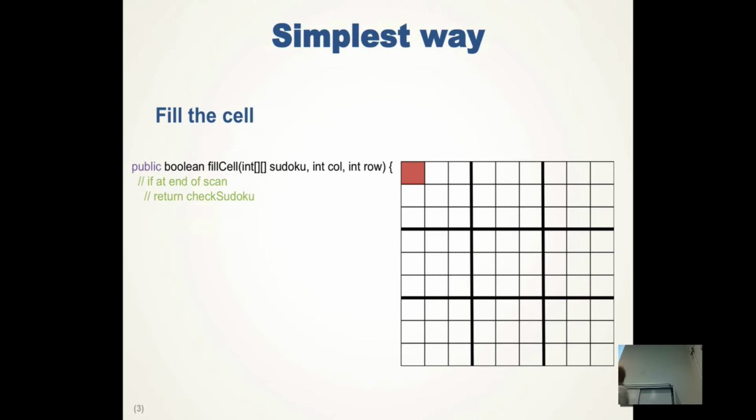And the first thing we do is we check to see if we're at the end of our scan. I've checked all 81 cells. If I'm there, all I need to do is call the check Sudoku method that returns true if it's a success or false if it's a failure. Because if I've filled in every single cell, I can return that value.